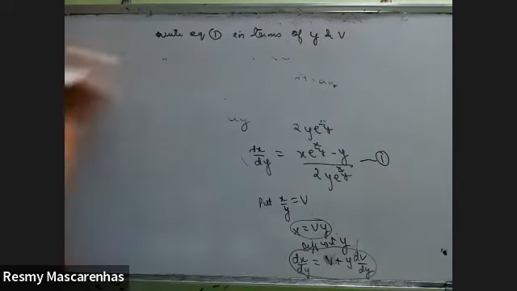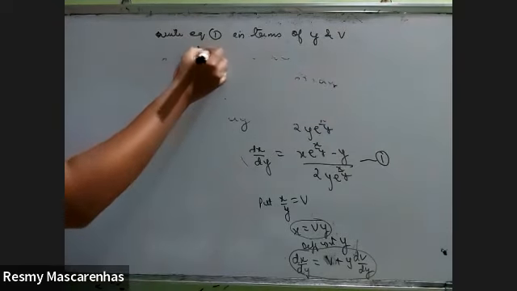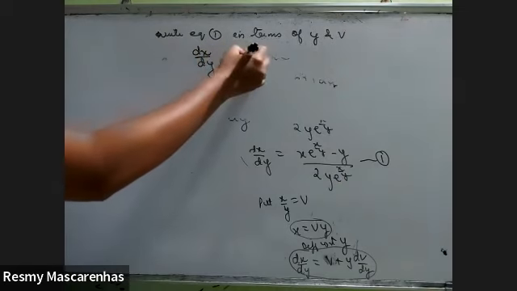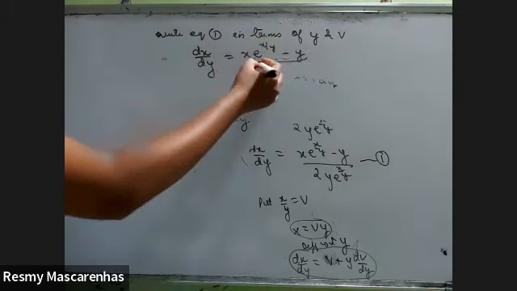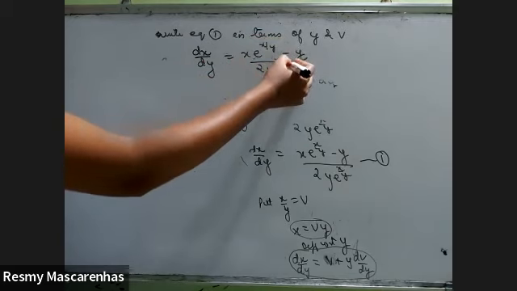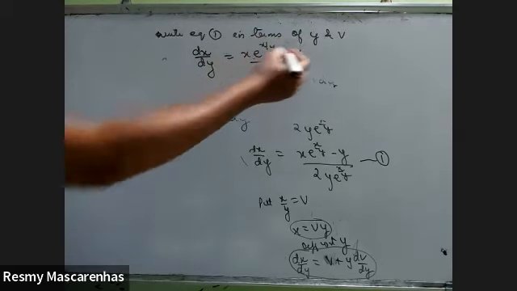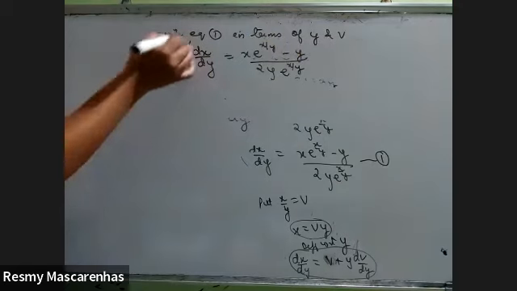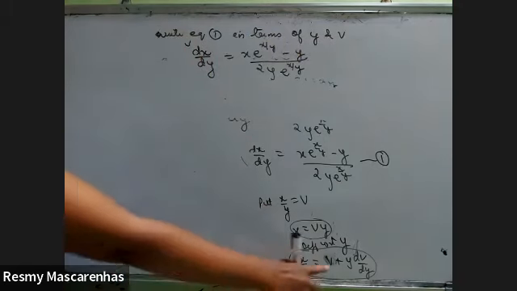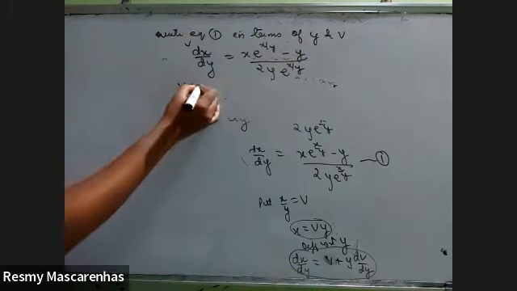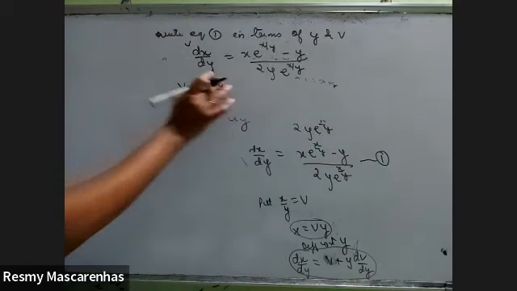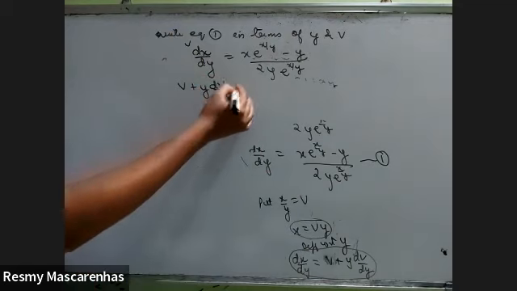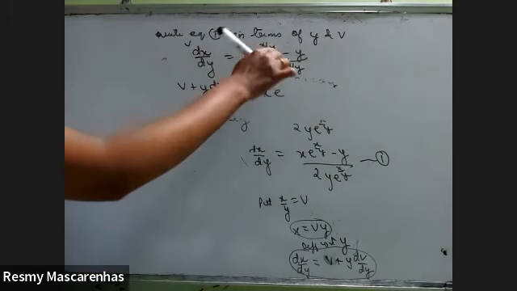So what is the equation 1? I'll just write it again. The dx upon dy is, this is my equation 1. So instead of dx upon dy, I'll put v plus y dv by dy. x upon y is v.